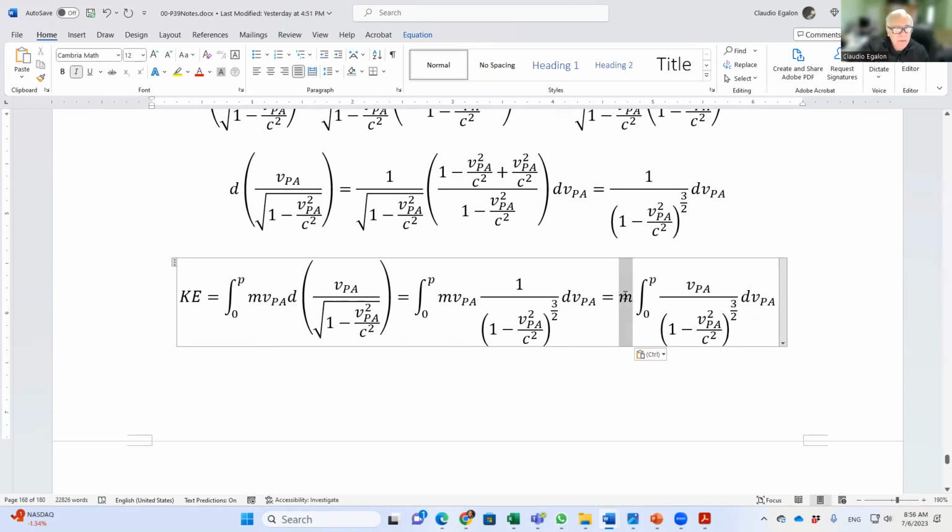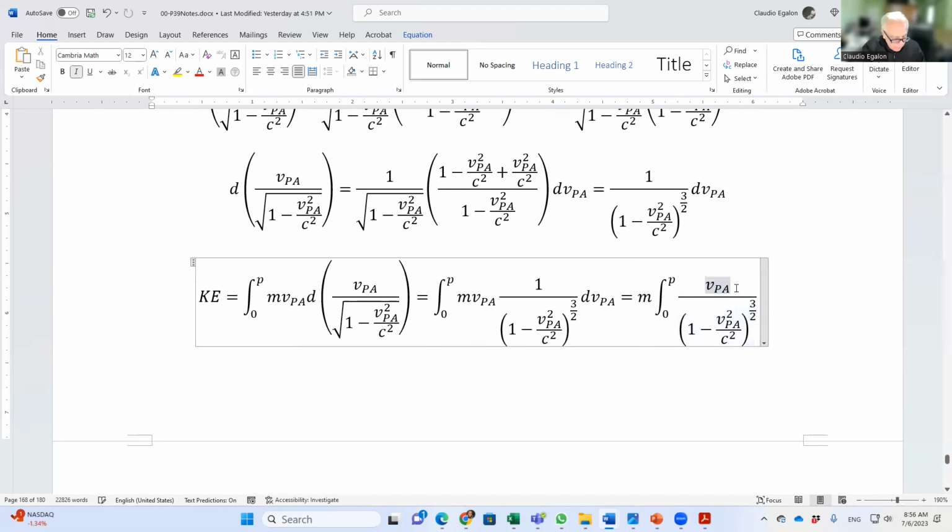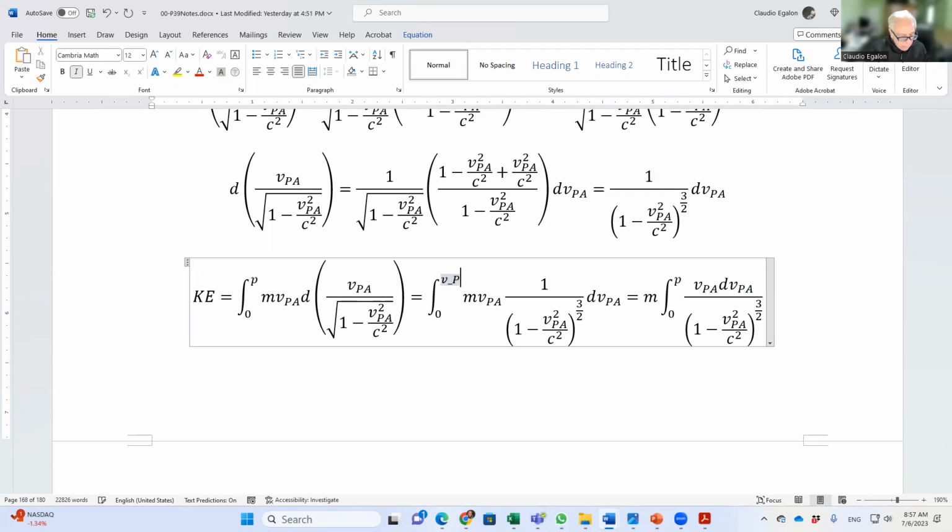That's the rest mass. And I'm gonna do even better, shrink a little bit more this integral, like that. And now that we are integrating V, we can change our limits, right? We can change our limits. Now that we have the VPA here, we can put that PA like that. VPA.